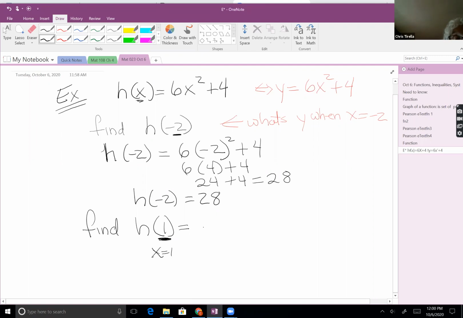And so that gives me 6 times 1 squared plus 4, which would be 6 times 1 plus 4, which would be 10. So I'd say that h of 1 is 10, or that when x is 1, y is 10.